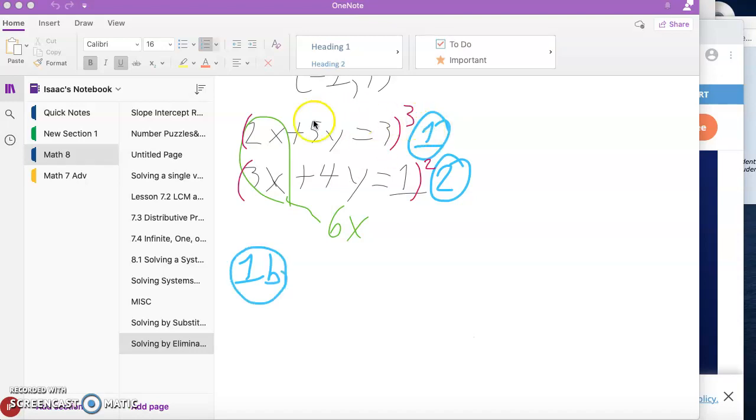Okay, 3 times 2x is 6x. 5y times 3 is 15y. And 3 times 3 is 9. Now for the next one, remember, for 2b, I'm going to multiply everything times 2.